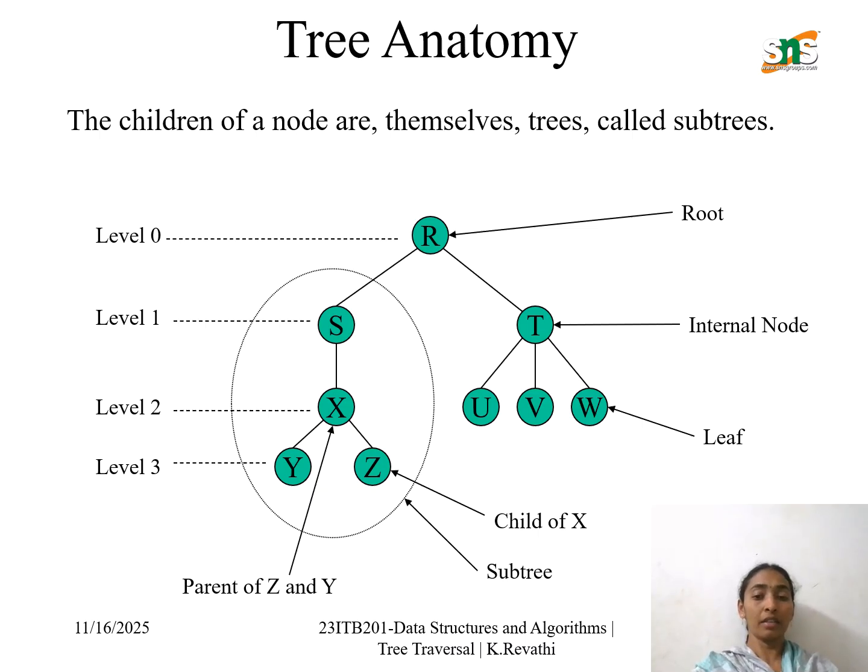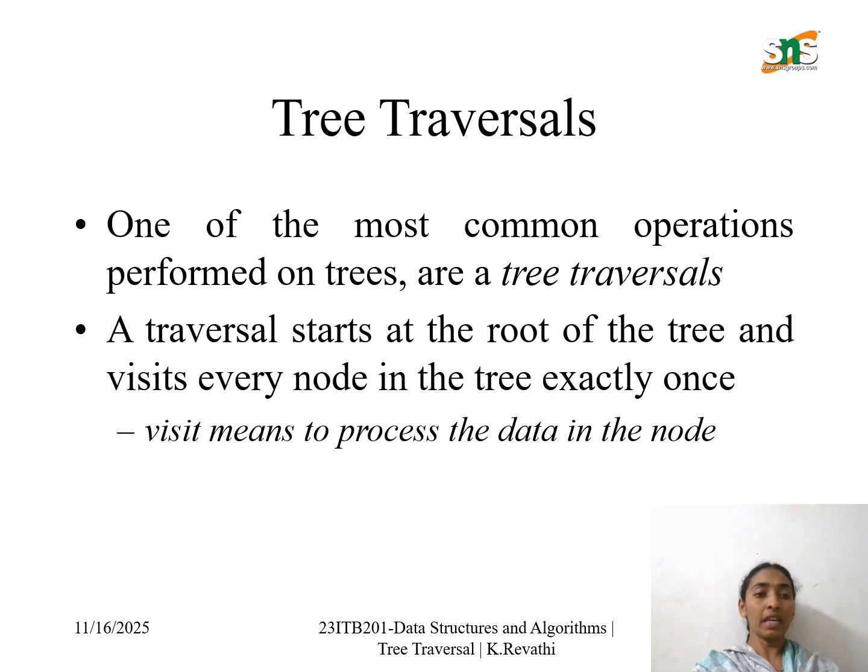Then let's move on to today's topic, which is tree traversal. Traversal is one of the most common operations performed on the tree ADT. It simply means visiting each and every node in the tree at least once. We have two different types of visiting orders: depth first search and breadth first search.